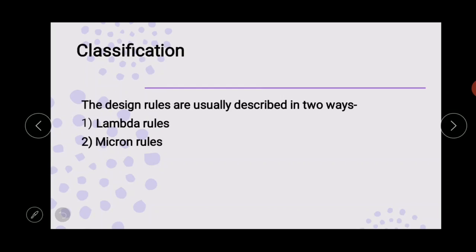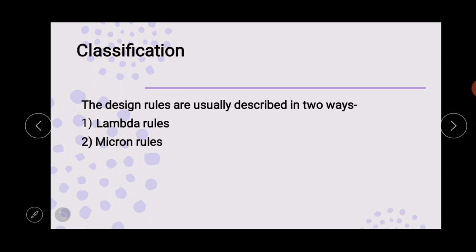As technology scales down, assume from 0.25 micron technology to 0.18 micron technology, our design rules have not changed, but the value of lambda has changed. But nowadays, scalable design rules do not work.